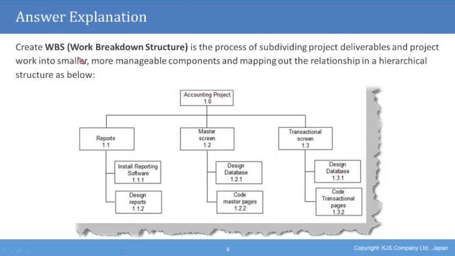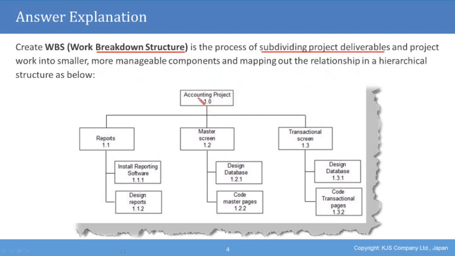So in the previous slide we talked about the WBS. The WBS is a work breakdown structure. And you can probably tell from the words breakdown and structure that creating a WBS is the process of subdividing project deliverables and project work into smaller, much more manageable components and mapping out the relationship in a hierarchical structure, as you can see below.